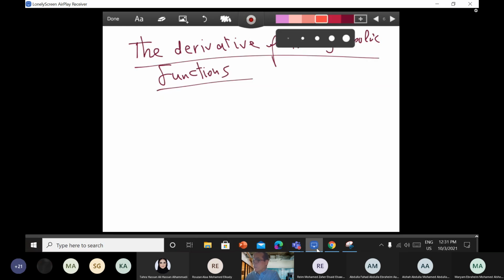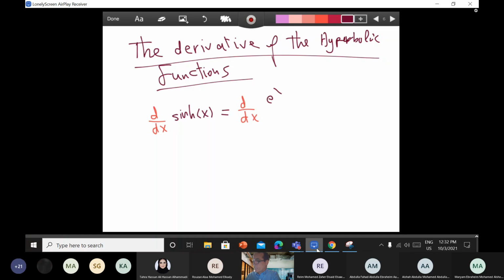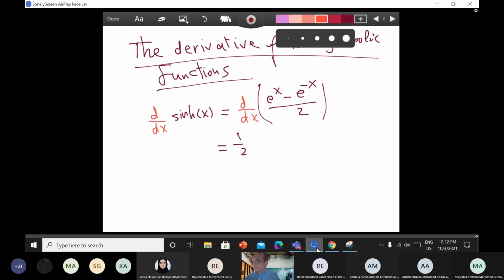Why is it not new? Because I know the derivative d by dx for the first one, sinh x, and I know sinh x is e to the x minus e to the minus x over 2. Fine. This half is a constant, so you can take it outside.